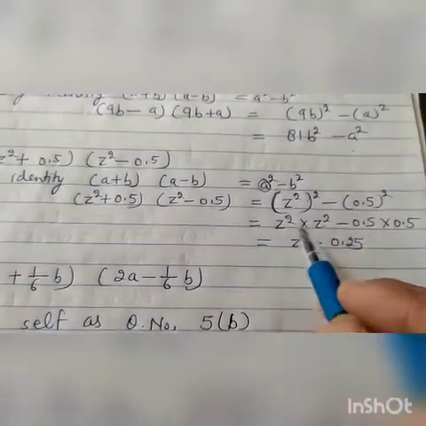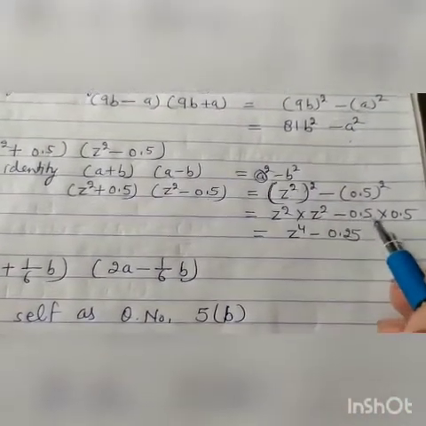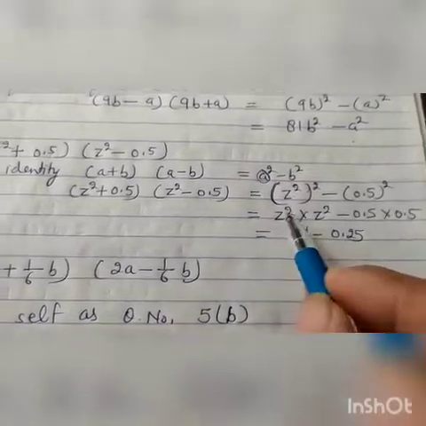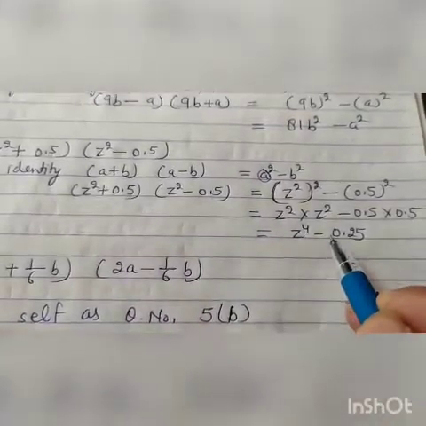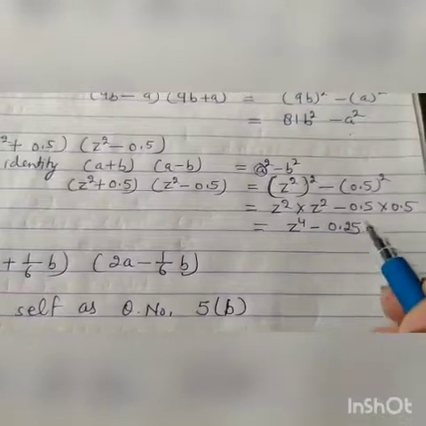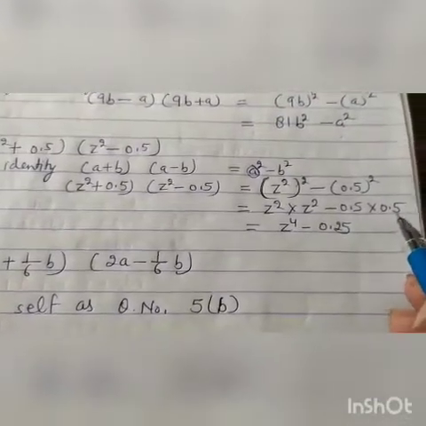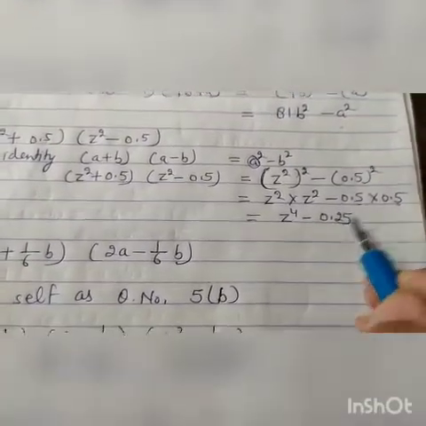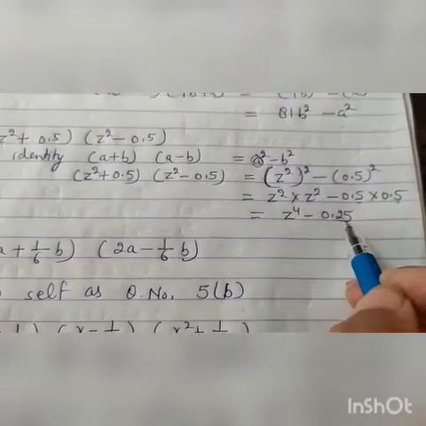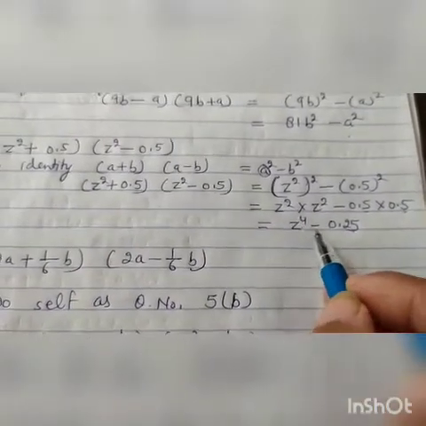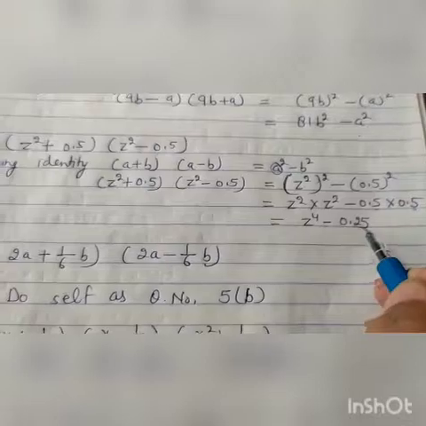So z square multiplied by z square, z power 4, minus 0.5 multiplied by 0.5, 5 times 5 is 25. Here decimal will be after 2 digits, 1 digit here, 1 digit here. It is 0.25. So answer will be z power 4 minus 0.25.